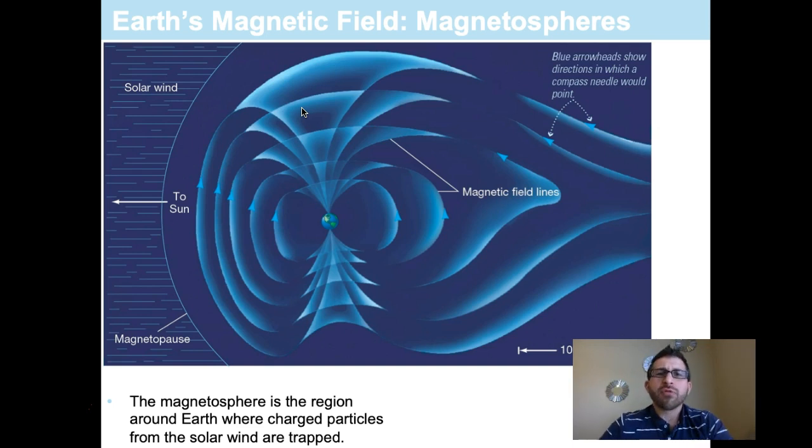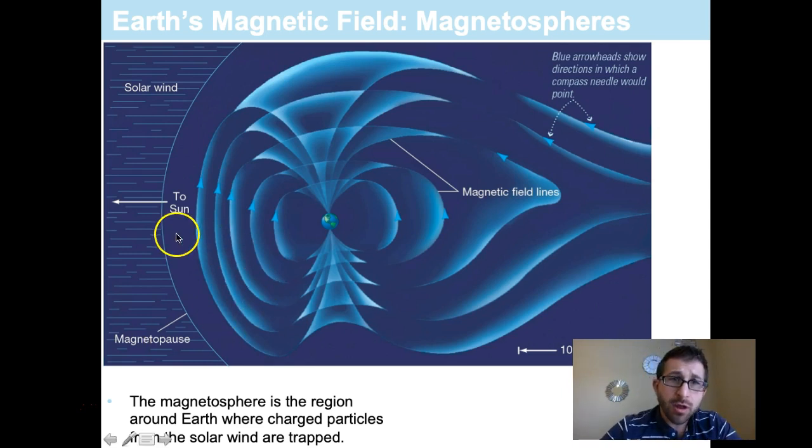So, zooming out a little bit, the Earth's magnetic field, or magnetosphere, does interact with the sun's solar winds. And so, in this diagram, here's a direction towards the sun. You can see the solar winds are coming in, and they're impacting the Earth's magnetosphere at a point called the magnetopause, where the Earth's magnetic field is no longer interacting.